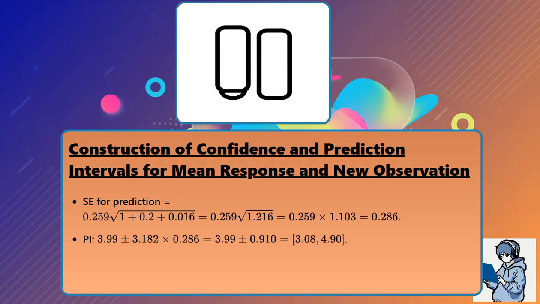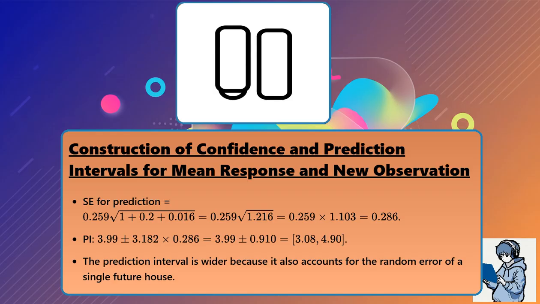Prediction interval: 3.99 plus or minus 3.182 times 0.286 equals 3.99 plus or minus 0.910, which is 3.08 to 4.90. The prediction interval is wider because it also accounts for the random error of a single future house.